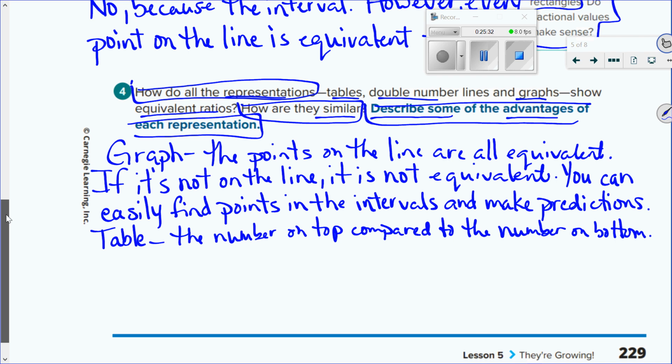So where is the key advantage to tables? I'll give you a hint. If I have the graph, do I want to graph all the way out to 100? Why not? Takes too long. If I have a table, can I go from 2 to 100 very easily? Yes. So where's the advantage of the tables? With big intervals. Okay? They work best with large intervals.